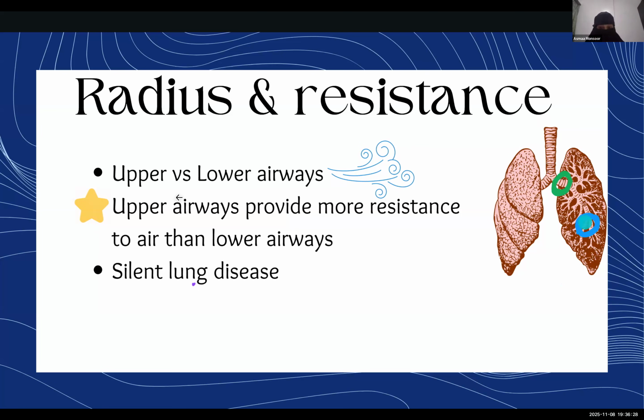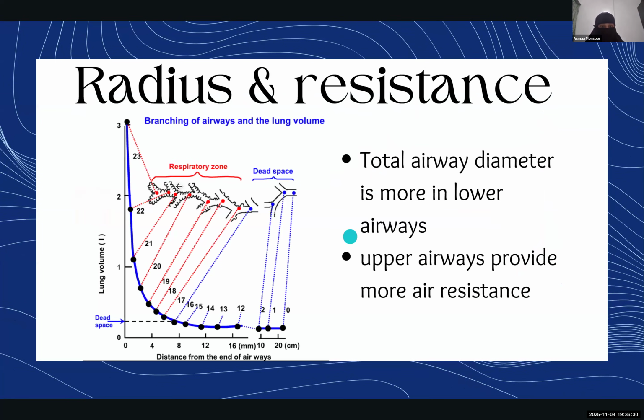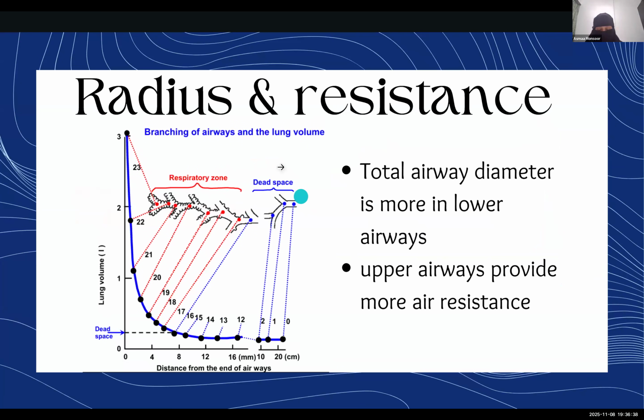I saw this diagram in your slides. This slide shows literally the same thing. This, for example, is the dead space or the conducting zone of the respiratory tree, and this is the respiratory zone. The respiratory zone is responsible for gas exchange.